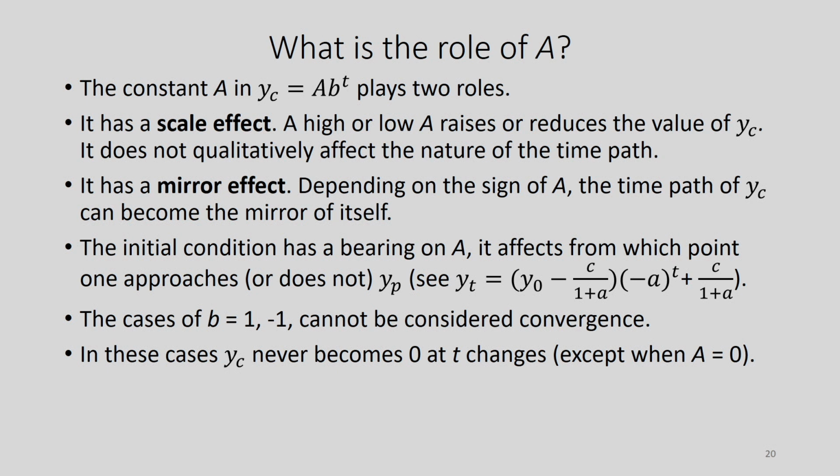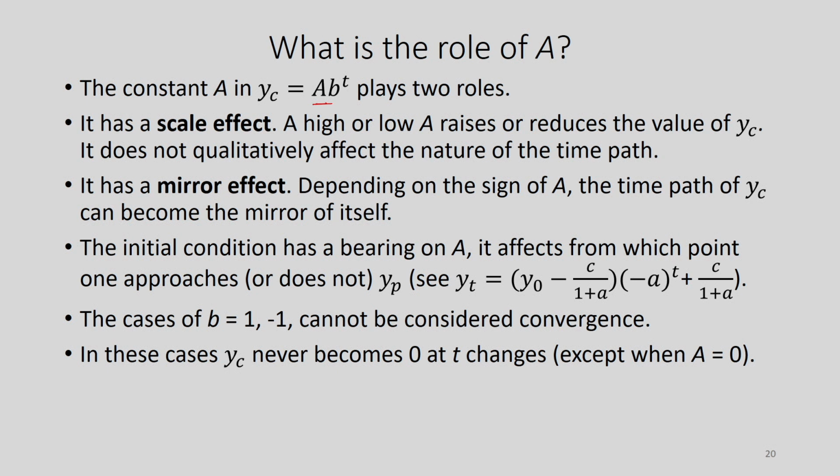Now, it may seem that we are focusing our attention only on b, but let us now talk about a. A, remember, was the coefficient of the b to the power t term. Now, this a plays two roles. First, it has a scale effect. A high or low a raises or reduces the value of yc.